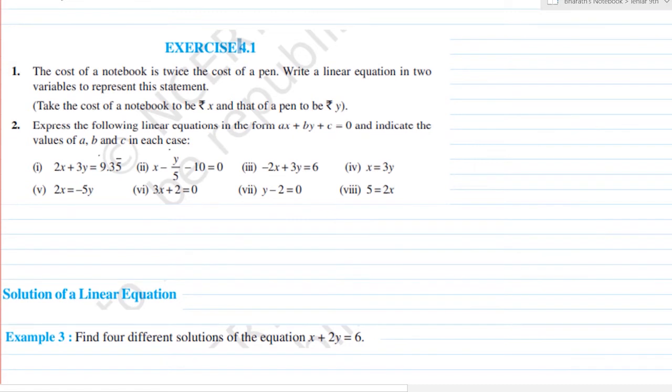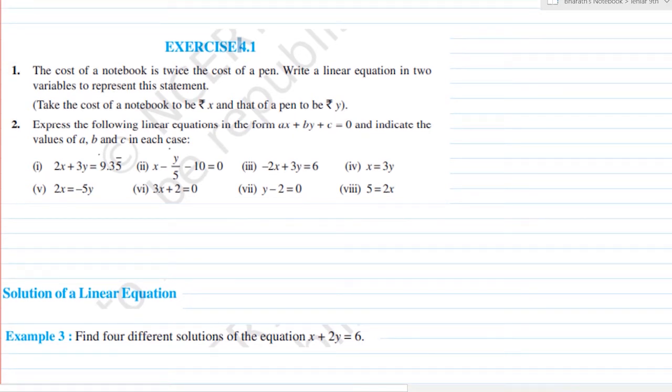Now let's go for exercise 4.1. The cost of a notebook is twice the cost of a pen. Here this is a word problem. So we let the cost of a notebook be x and the cost of a pen be y.